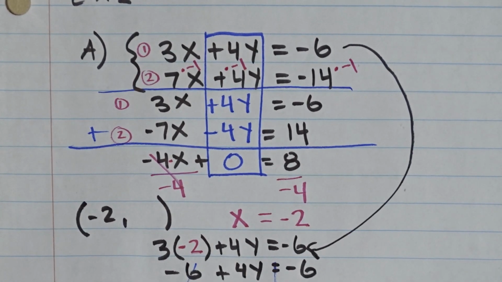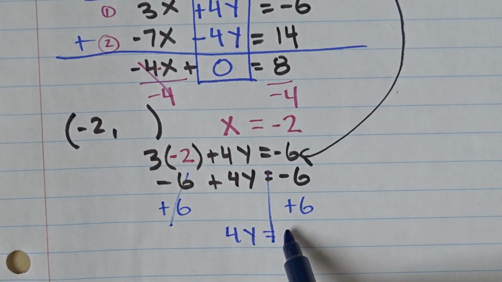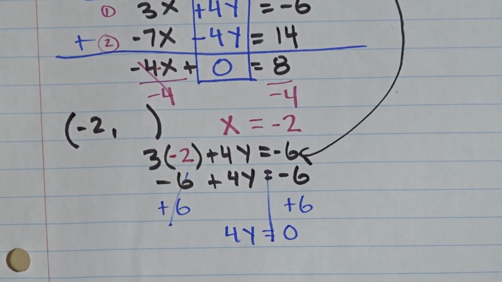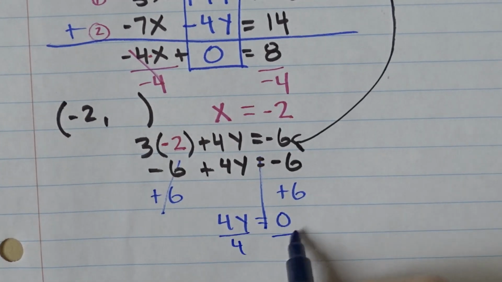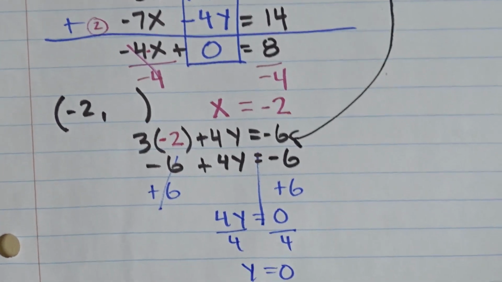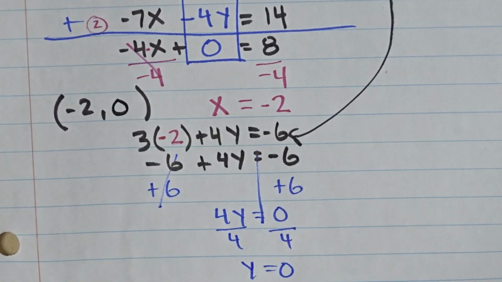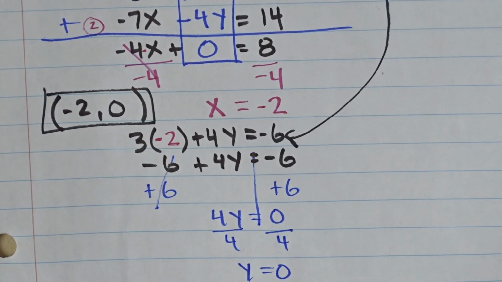Now I have 4y equals 0. And then I get y equals 0. And that's my solution. All right?